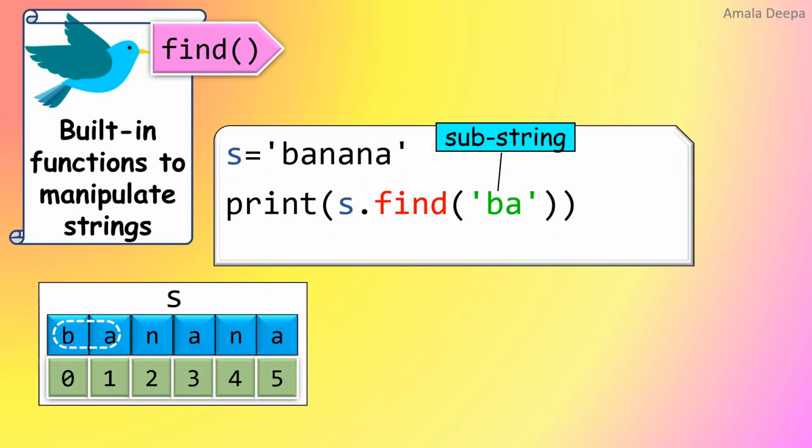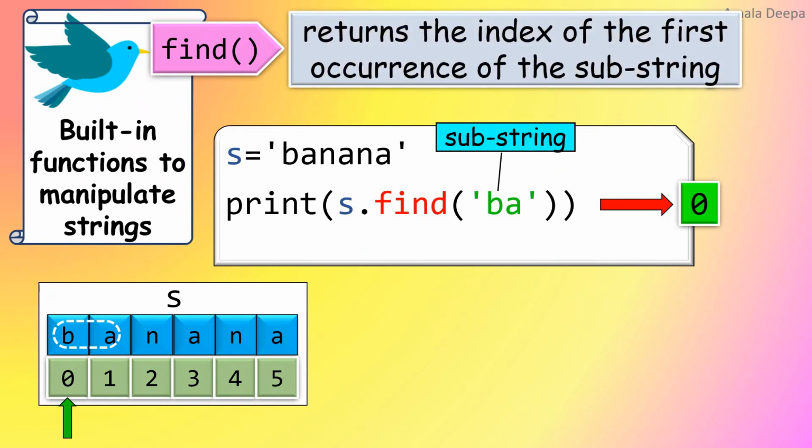It will return the index. So the substring BA is found at index 0. So the find function will give the output as 0. So print s dot find BA gives 0. So here 0 is the index. Remember that. It is different from count function. So the find function returns the index of the first occurrence of the substring.